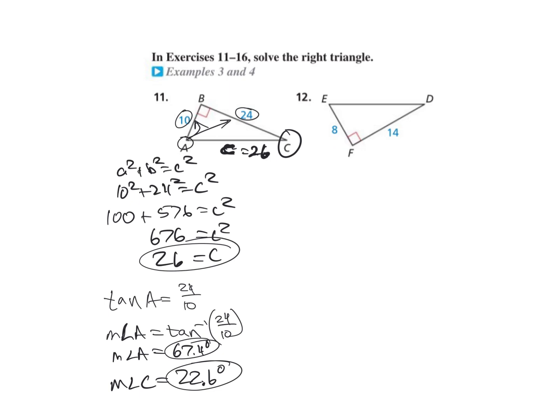Now, number 12, we do the same thing again. This time I'm going to use trigonometry to get ED. I'm not going to use the Pythagorean theorem, but you can if you want. I'm going to get these angles first, otherwise I can't find the hypotenuse. To get angle D, that's the opposite leg over adjacent again. So tangent of angle D is equal to 8 over 14.